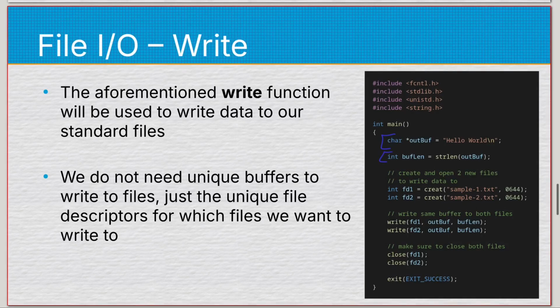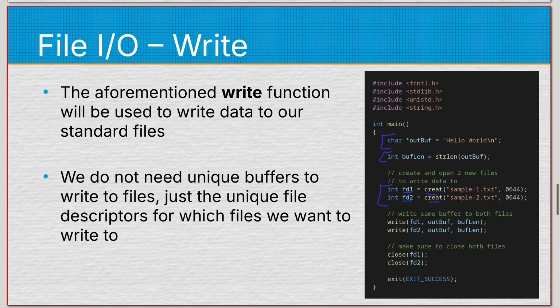I am now going to use the create system call to make two text files, sample1.txt and sample2.txt, both using our standard 644 permissions. That way the owner can read and write, the group can read, others can read, just standard file permissions. That's file descriptor 1 and 2.